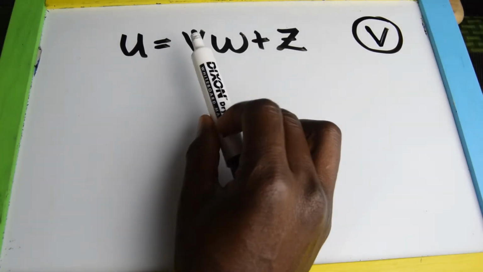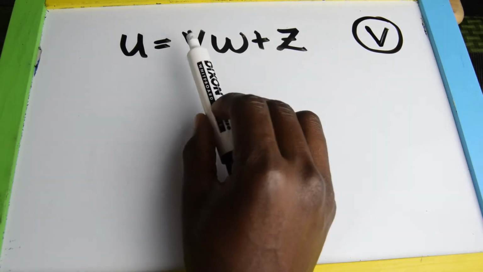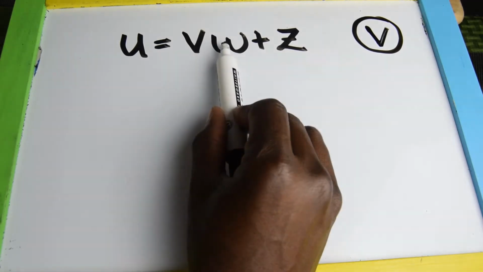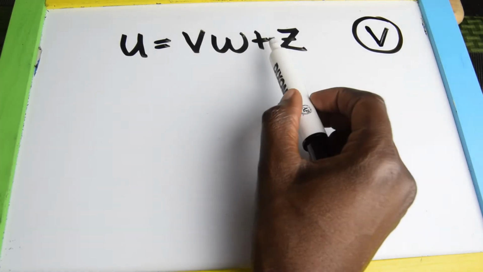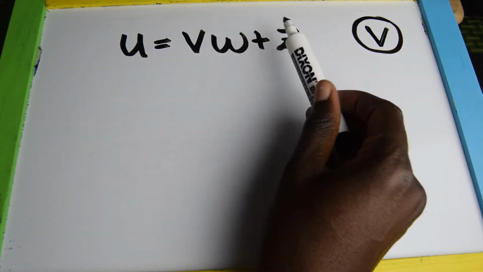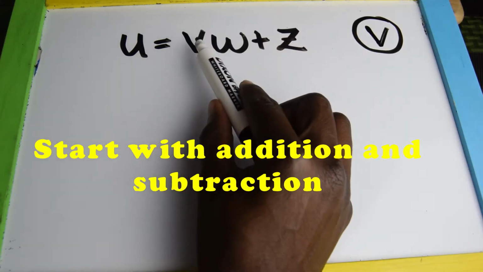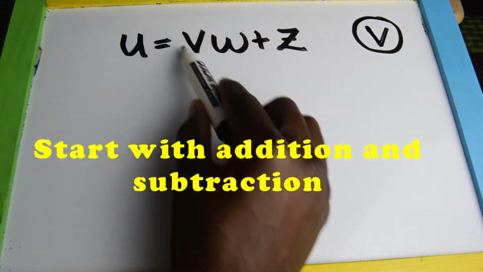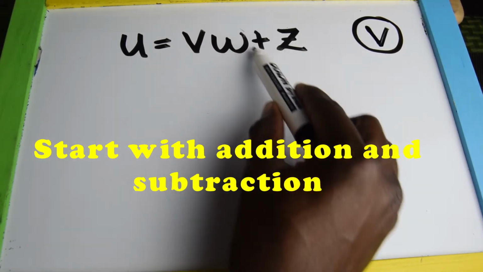This equation, let's look at it keenly. V is multiplying W, but there is an addition here. It's added to Z. It's very difficult to start with this, it's easier to start with this.